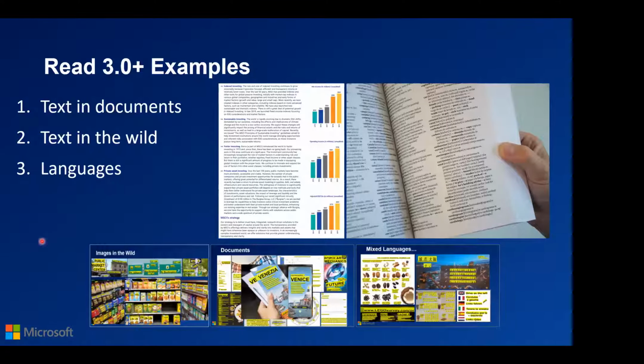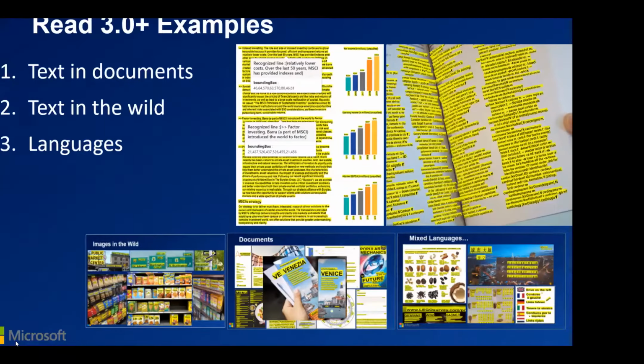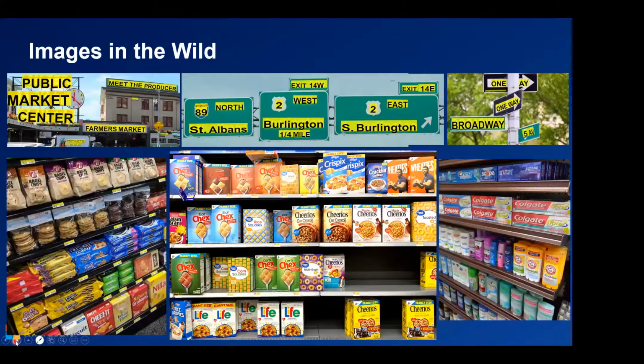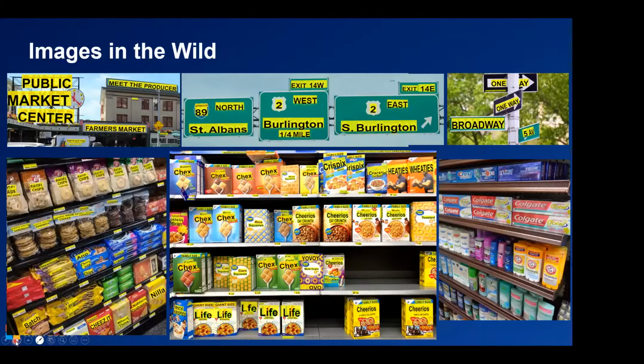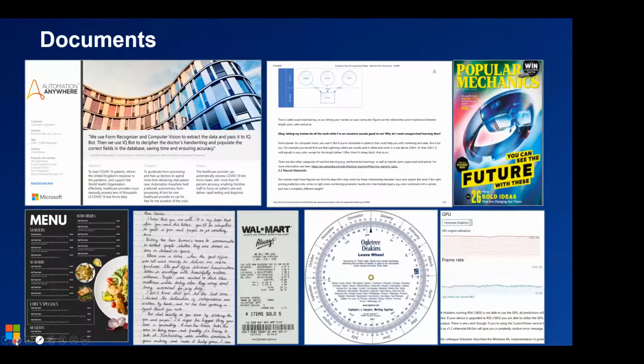And then let me show you a few examples of the result for the Reader API. So just going through them quickly. You have standard documents and documents with some curved text lines. You have images in the wild. So these are results from the API. It does pretty well on images for product labels. And these are all kinds of documents.